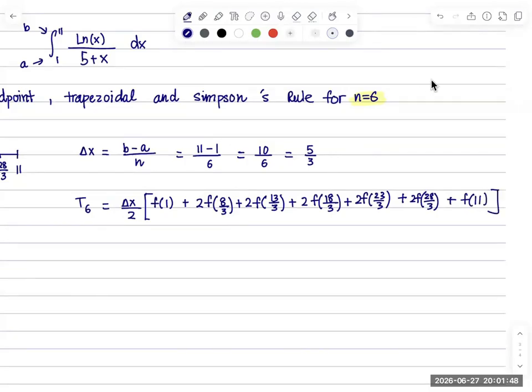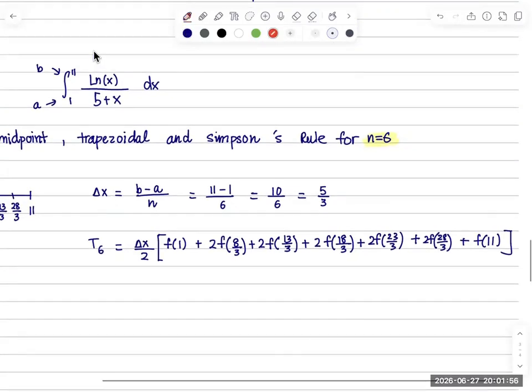And how do we find f of 1, f of 8 over 3? We're going to put that back into our function. Our function here, this one is our f. So my f of x is ln x over 5 plus x.